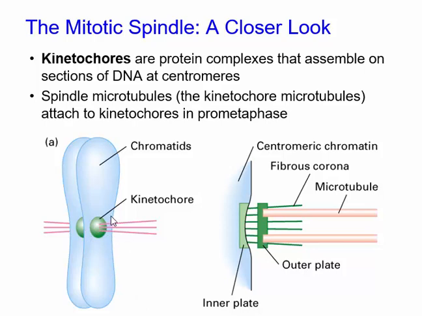You saw this before when we were looking at the anatomy of sister chromatids. So the centromere is here, and attached to it is this kinetochore structure, and here is what the microtubules actually attach to. And those spindle microtubules that attach, we have a specific name for them. They're the kinetochore microtubules because they attach to those kinetochores. And that happens, as we'll see, during prometaphase.